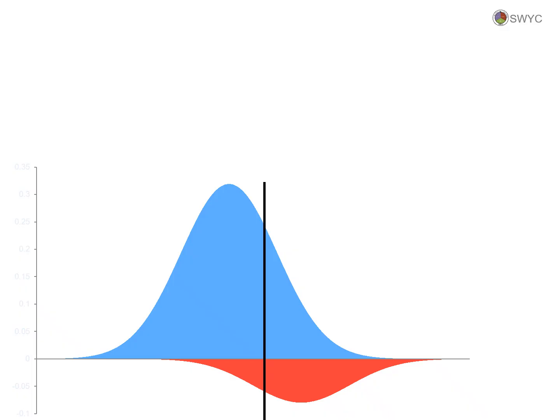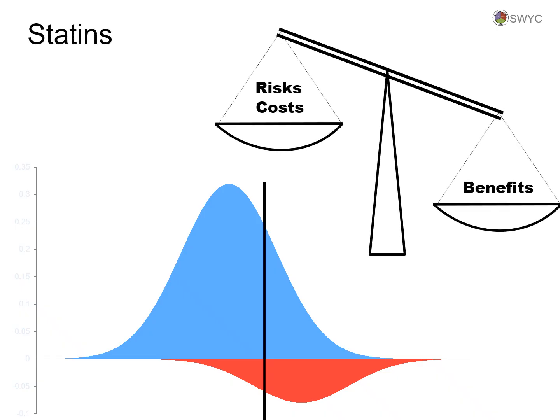We'll start with cardiology, because this is one of the fields where the use of decision analysis has been best worked out. The United States Preventive Services Task Force suggests that for those at risk of a cardiovascular event, like a stroke or a heart attack, the benefits of taking a medication called statins far outweigh the risks and the costs. So, where should the threshold be?